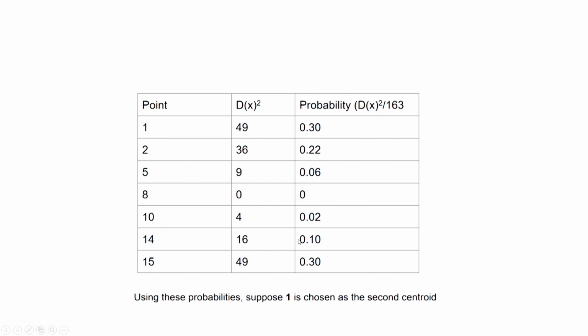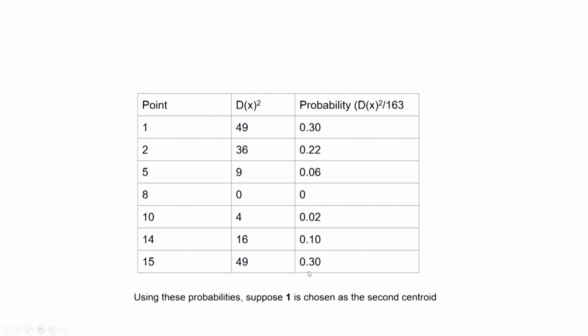But here, for the sake of simplicity, I am assuming that we select as the next centroid the data point for which this probability is highest, because this probability is proportional to the distance of the data point from the centroid.